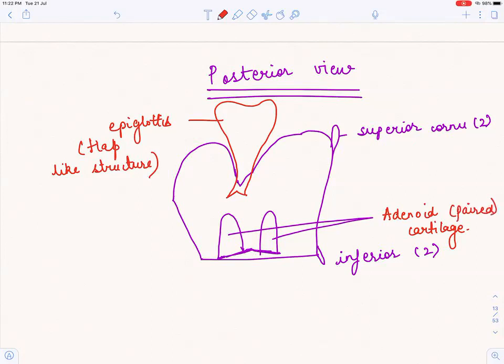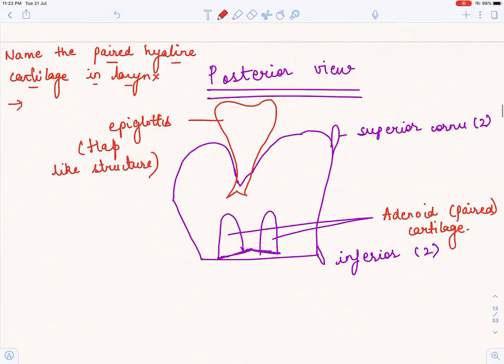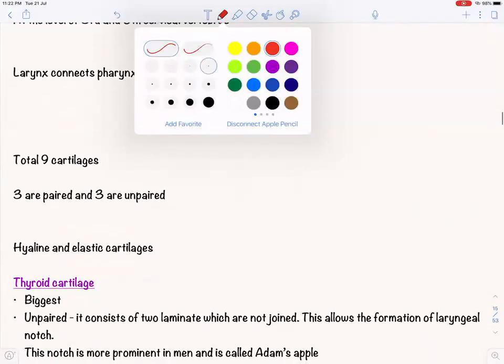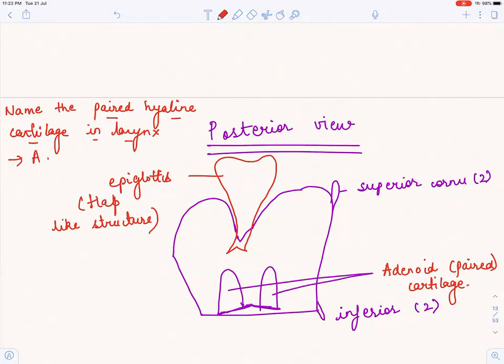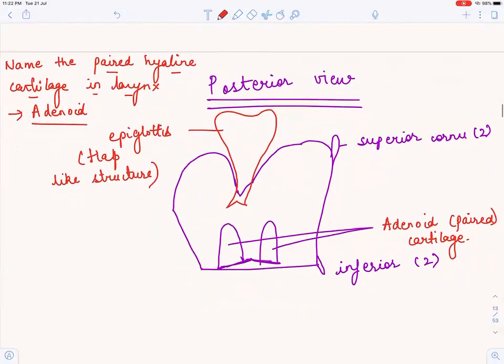So if the question comes, name the paired hyaline cartilage in the larynx, the answer is arytenoid. So now we were studying the posterior view.